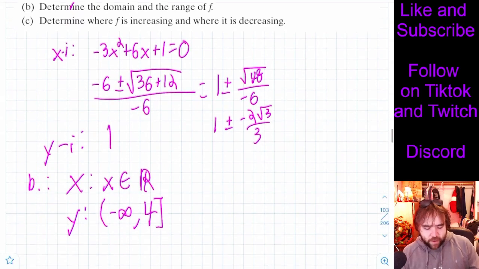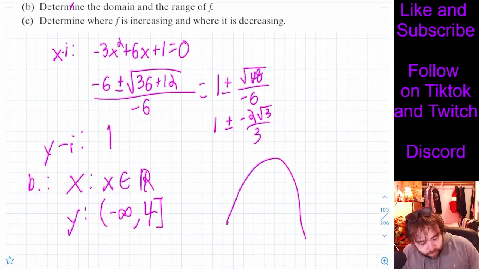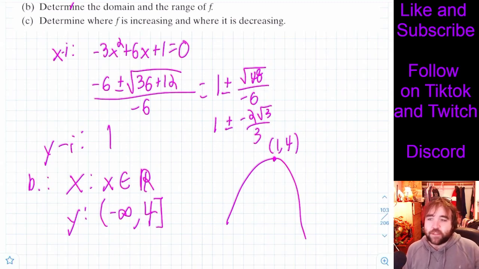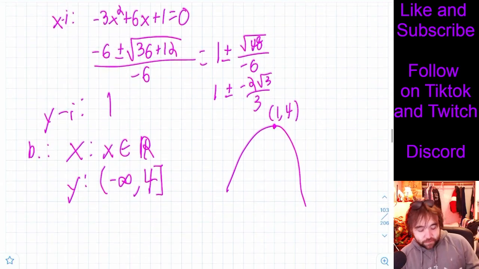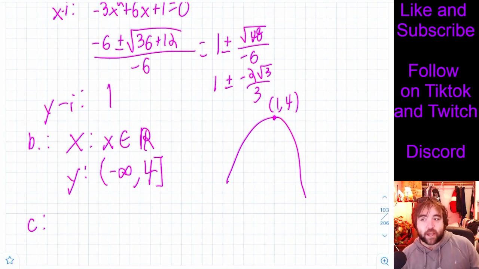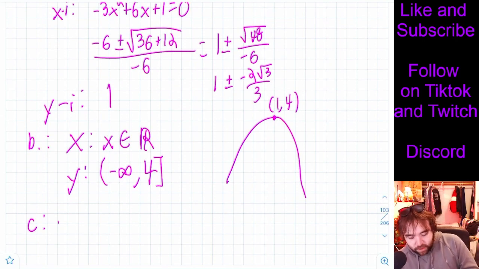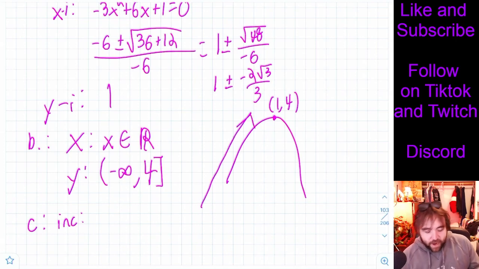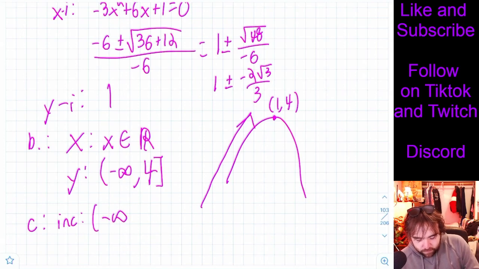So similarly, where is it increasing and decreasing? Well, again, picture what the graph looks like. When we talk about where it's increasing or decreasing, you're talking about the x values, first off. Whenever you're talking about different places on the graph, you're always talking about the x values. So it starts off increasing, right? Like we always say, left to right, it starts off going up. So it's increasing from negative infinity to x equals 1.